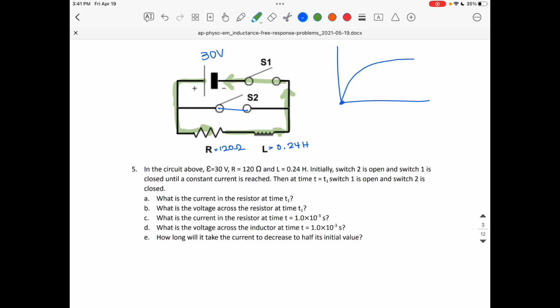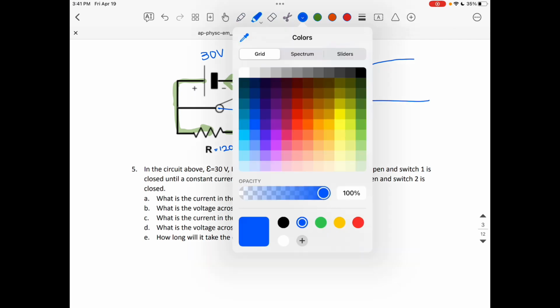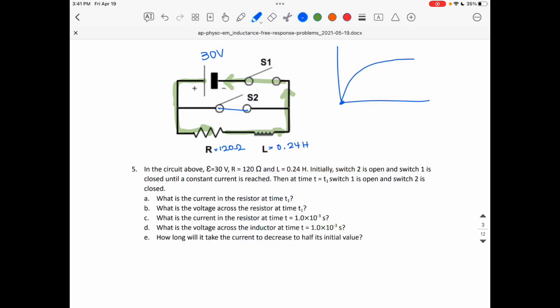And then once S1 is open and S2 is closed, the inductor is going to want to keep the current from changing, and so it will continue in this direction through this loop. And initially it starts at the current that the original setup ended at.